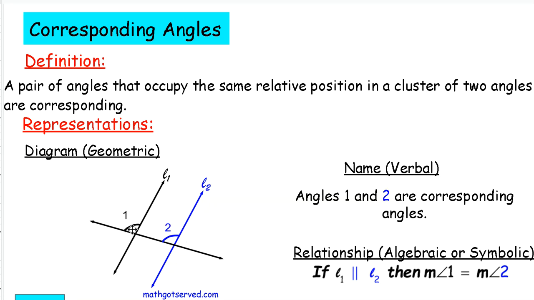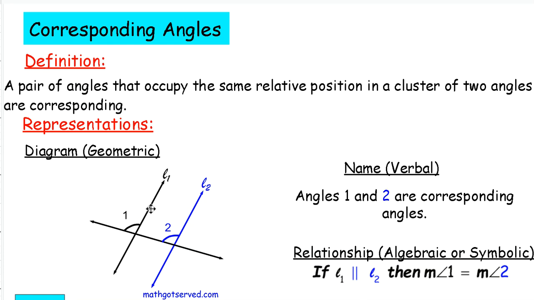So if you notice, angle 1 is occupying the upper left quadrant in the first cluster, and angle 2 is occupying the upper left quadrant in the second cluster. So they occupy the same relative position in these two clusters of angles, and that is basically what corresponding angles mean. All right? So angles 1 and 2 are corresponding angles.